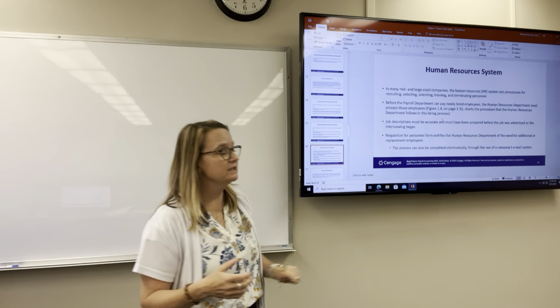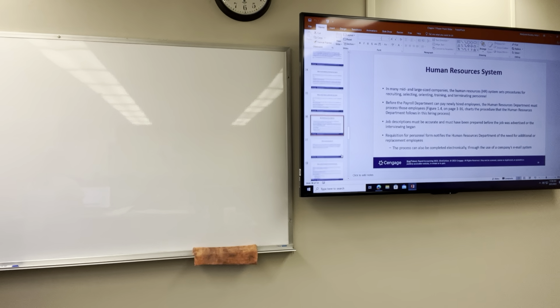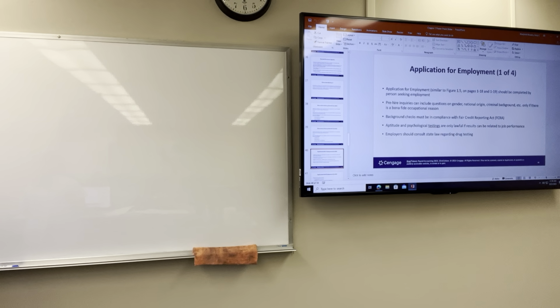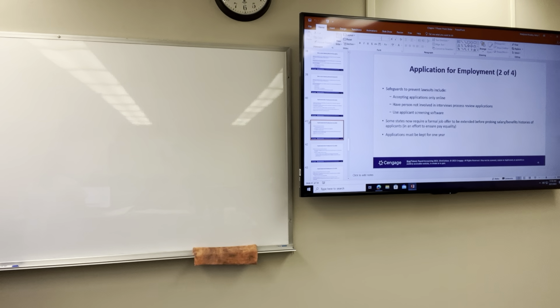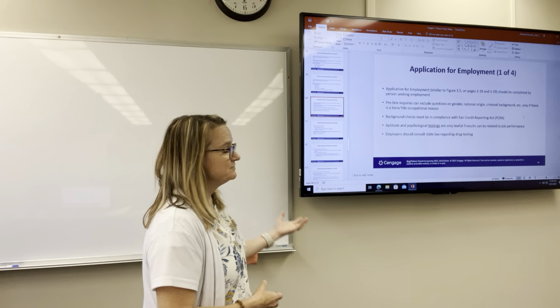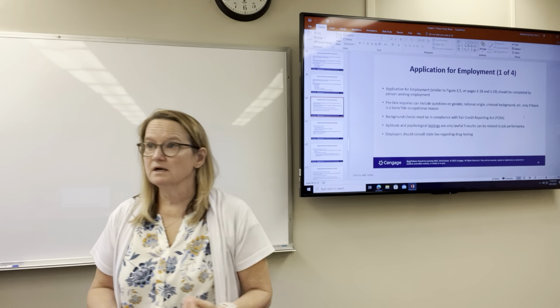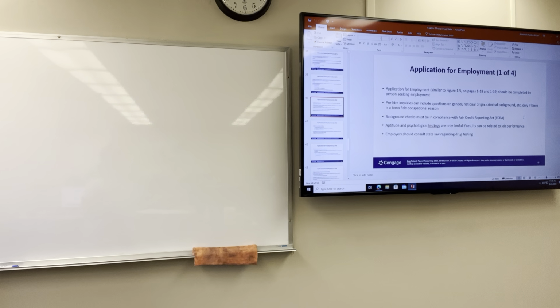So it's not really until that point that payroll becomes involved, and that's the stuff that you guys are interested in being in this class. So real quick, your book talks a little bit about applications for employment, and the types of things that HR would be involved in. There's a lot of information that cannot be asked in an interview or in an application process.